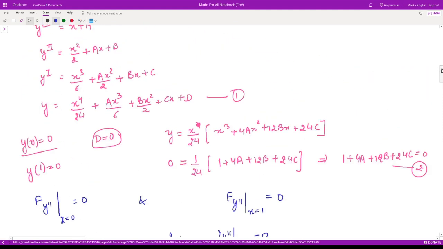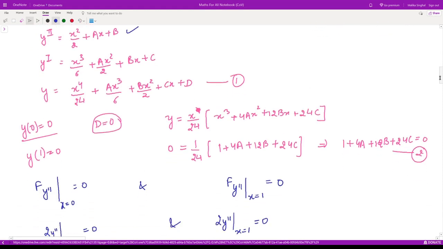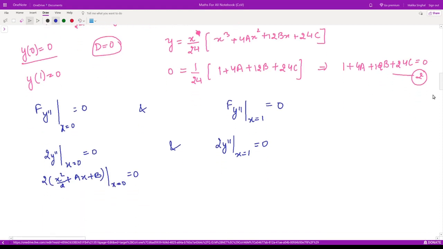So what was our y double dash? It was this, x square by 2 plus ax plus b. So 2 into x square by 2 plus ax plus b at the point x is equal to 0 is equal to 0. If I substitute x is equal to 0, I'll have b is equal to 0, right?